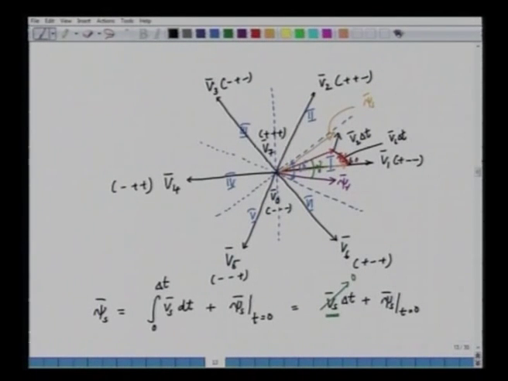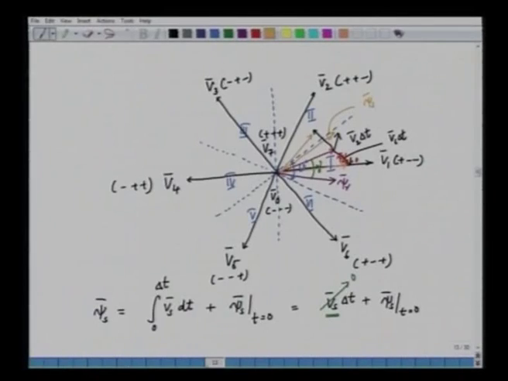If we apply V3, we have the flux changing like this. The resultant of these two will have a reduced flux, but since the flux vector has moved in the anticlockwise direction, gamma has increased, and hence instantaneously we will experience an increase in the torque. However, application of V3 will reduce the flux to some extent. So, we are able to satisfy increase of torque but decrease of flux.